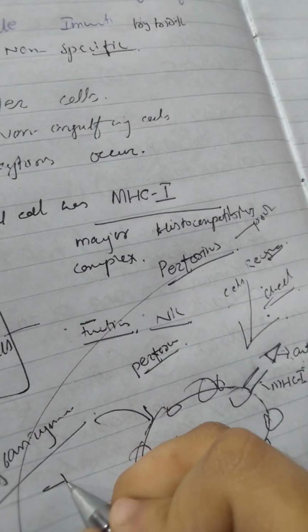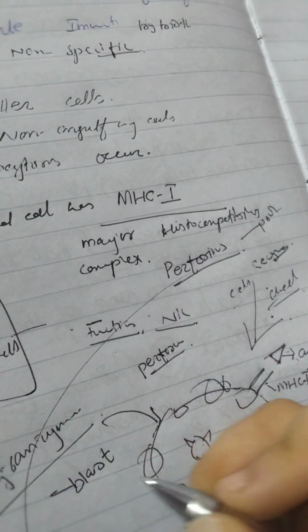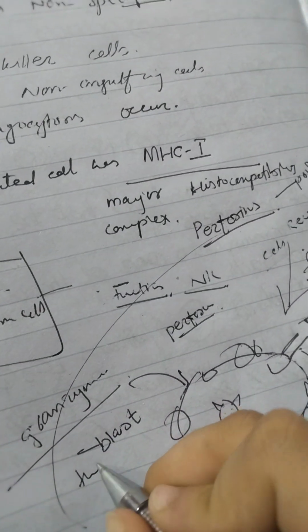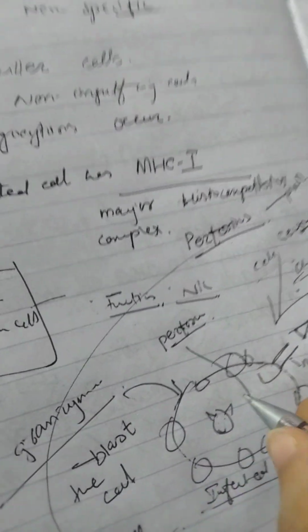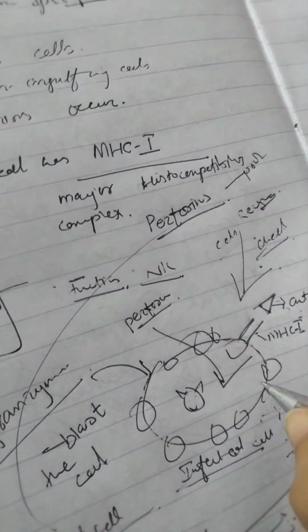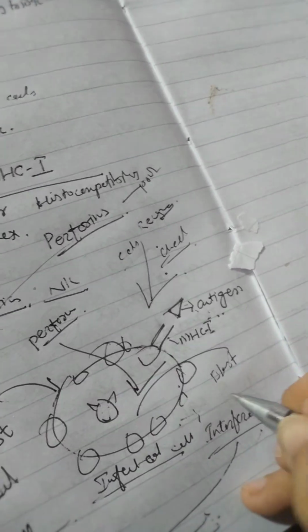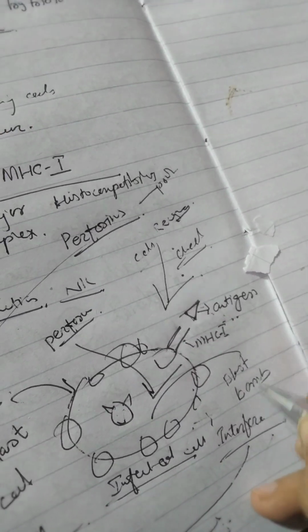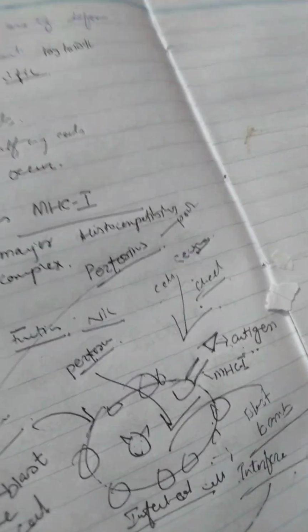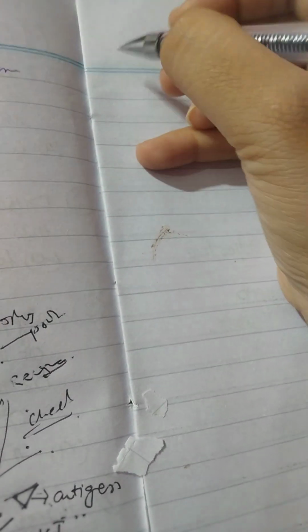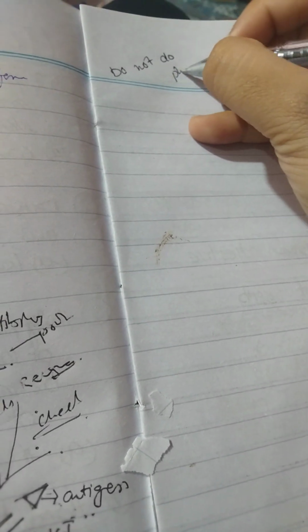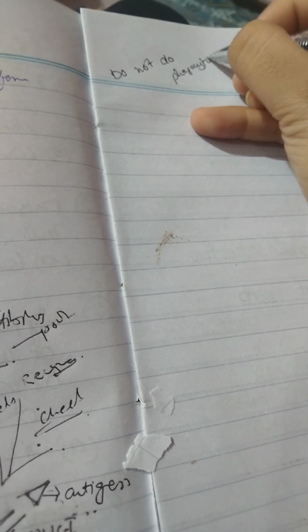The function of granzyme is to blast the cell. When the granzyme is released in the infected cell, the cell will blast like a bomb. This is how the NK cells, without phagocytosis, use this mechanism.